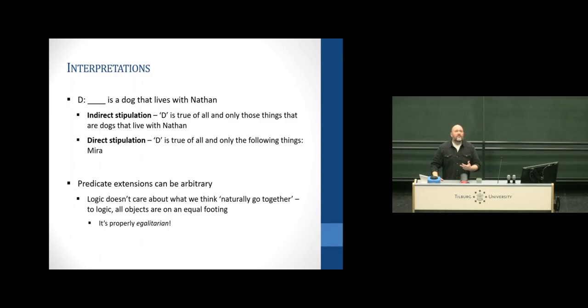When we really get down to brass tacks, predicates in FOL stand for whatever we want them to. We don't care. And importantly, extensions of predicates are arbitrary. We make interpretations. And because we are making interpretations, we can make the extensions of the predicates anything we want.